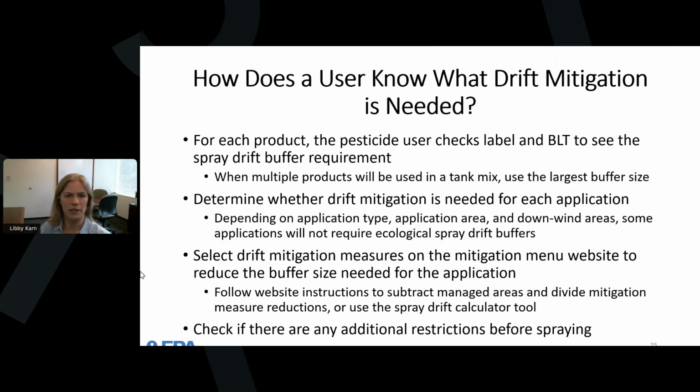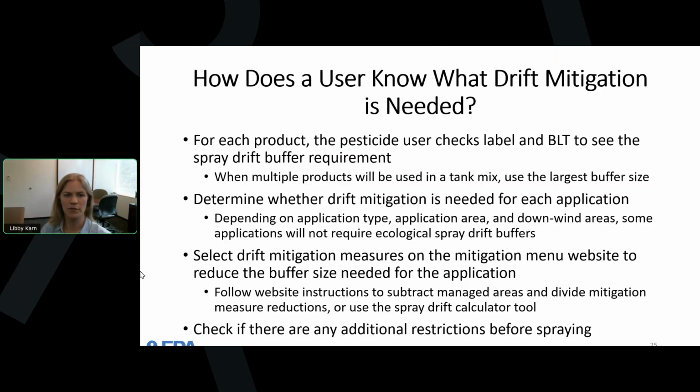They will also need to follow the directions in that bulletin if it is available. If there are different drift buffer sizes listed on the label and BLT, use the larger buffer size. If the user is planning to use multiple products together in a tank mix, they should check all products' labels and use the largest spray drift buffer size.